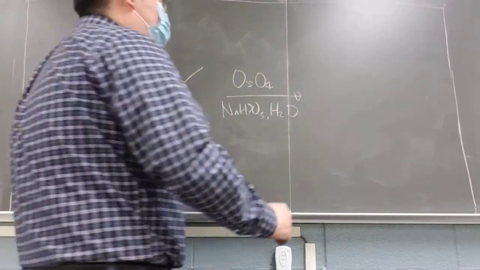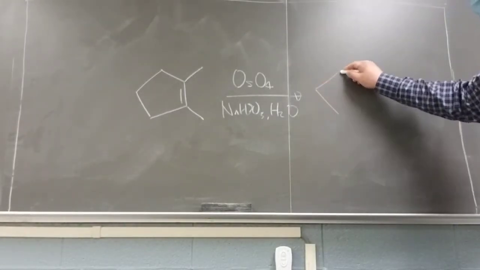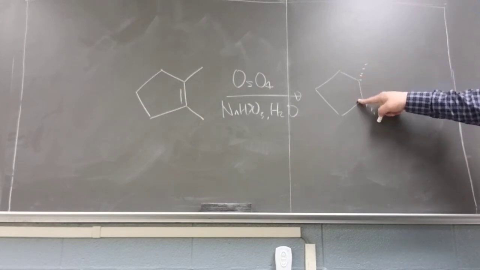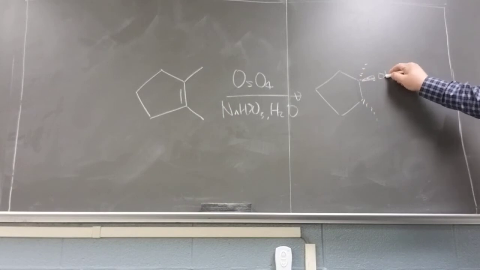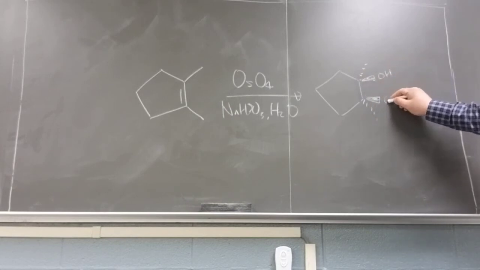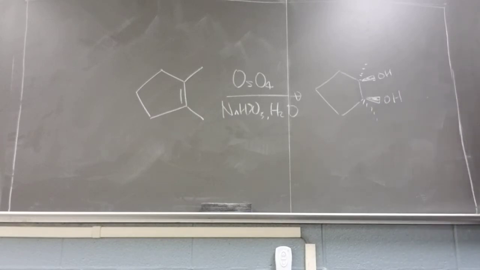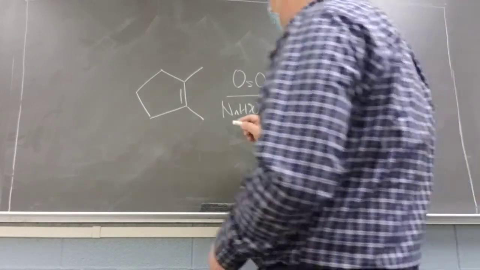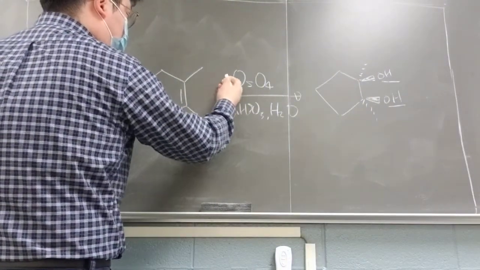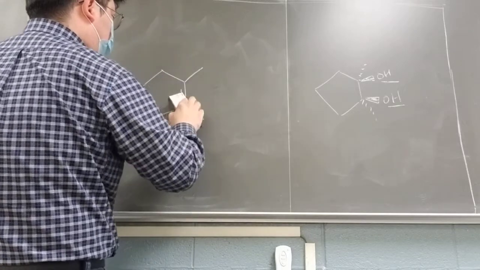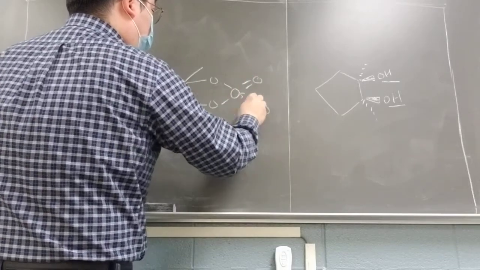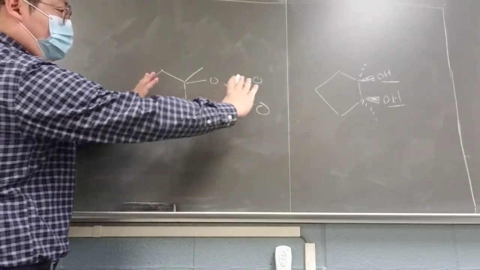Okay, so this is what happened. So the point here is your hydroxy groups should be on the same side, because if you look at the osmium, now it goes to here and here, so these will be on the same side, right?